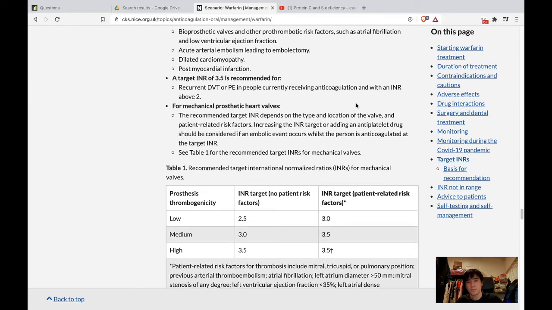Prosthesis thrombogenicity: low, medium, and high. INR target 2.5, 3, and 3.5. INR target with patient-related risk factors: 3, 3.5, 3.5.